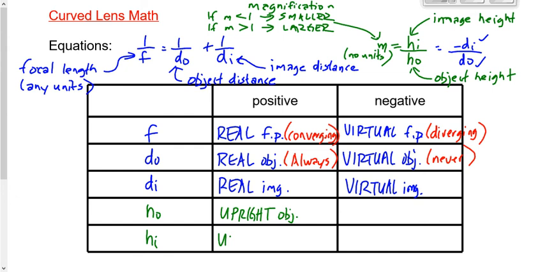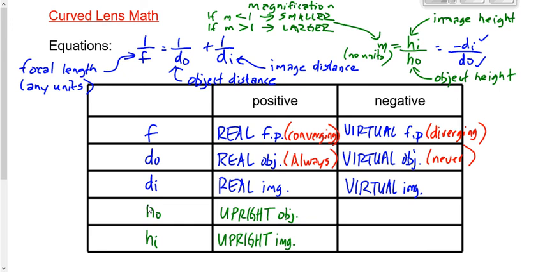If we have an upright image, which we do 6 times out of 9, because whenever we have a virtual image, it's going to be upright. Whenever we have an upright image, which is 2/3 of the time, it's going to be a positive HI.